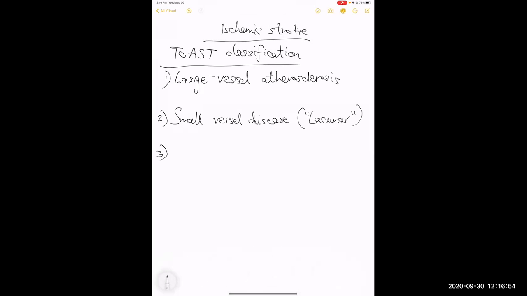Third one would be cardioembolic strokes. Fourth one would be other causes of stroke or other known causes besides these 3. And the fifth one, what we call cryptogenic stroke, meaning we don't know what caused the stroke.